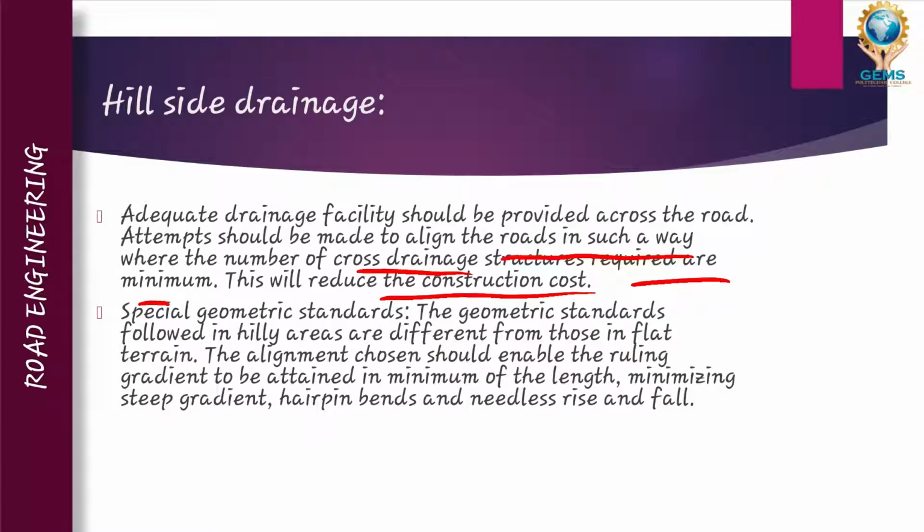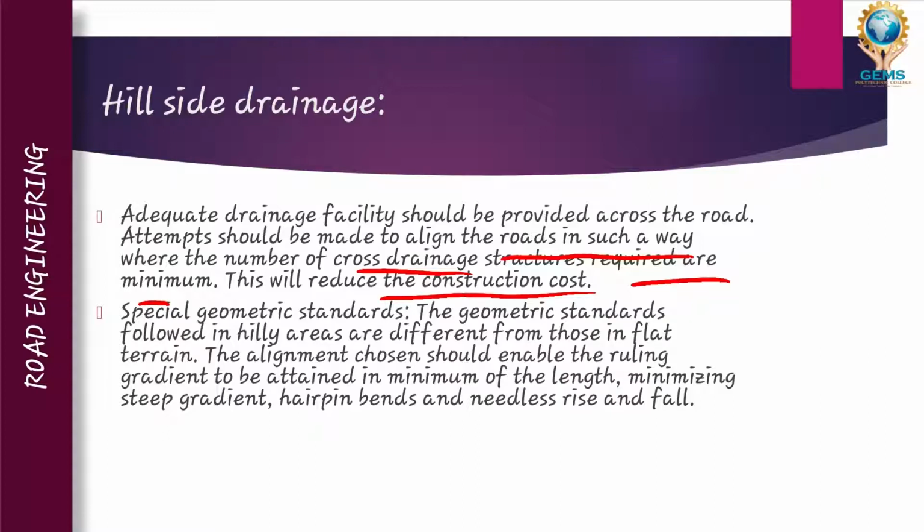Special geometric standard. The geometric standards followed in a hilly area are different from those in flat terrain. The alignment chosen should be able to attain a rolling gradient in minimum length, minimizing steep gradients, hairpin bends and needless rise and fall.